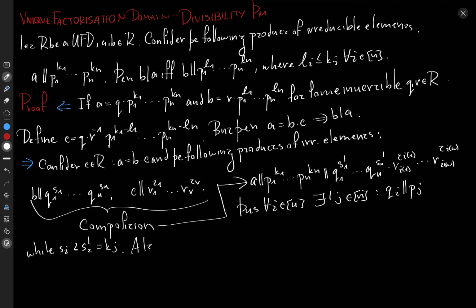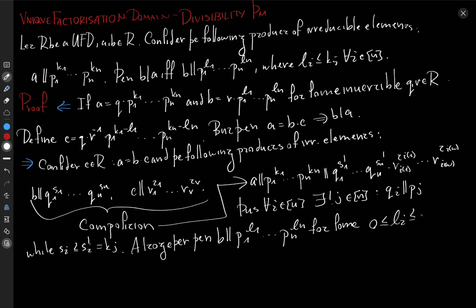Altogether then, B is associated with P1 to some L1 through Pn to Ln, for some Li non-negative, smaller or equal to Ki for each i. And this concludes the proof.